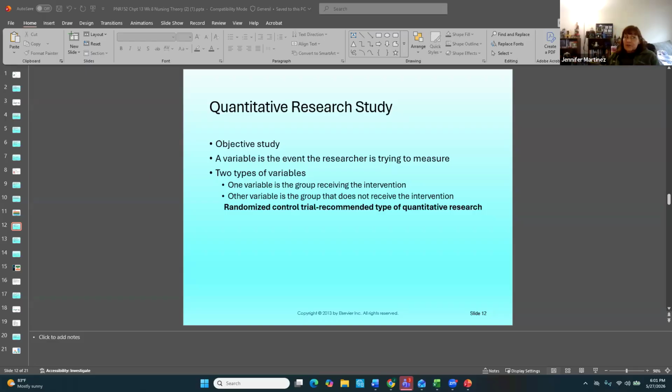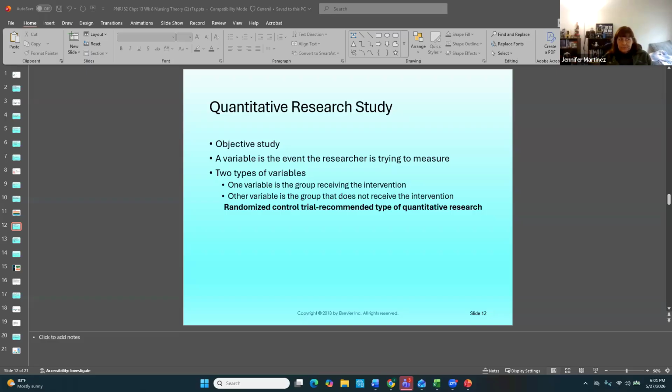One variable is the group that receives the intervention. The other variable is the group that does not receive the intervention. And then we collect the numeric data and then we measure using statistics, and there's a nice long process there. But again, we're collecting data. So it's very objective.